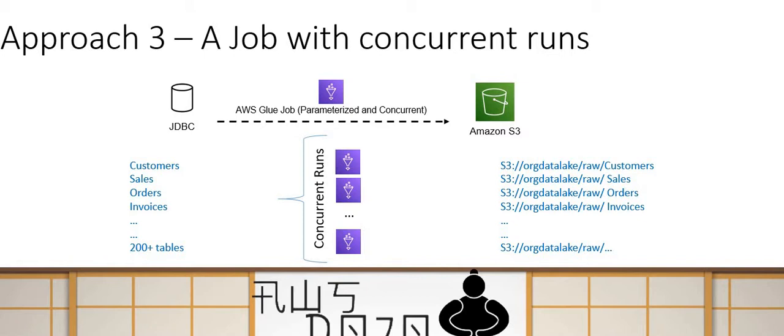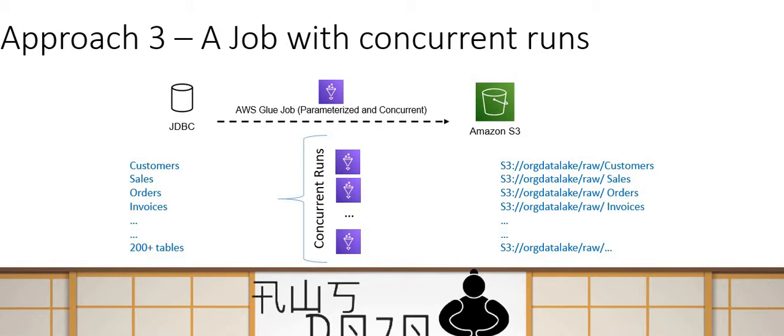The code you are writing is only once, but you are able to rerun this job in sequence or in parallel for these different tables to ingest your data. So this is more of running concurrent jobs in order to ingest your data.